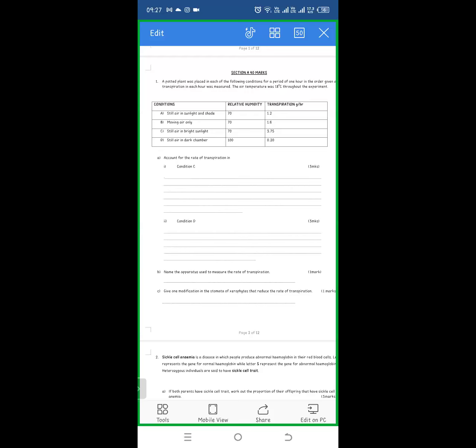So that is a very good question. When we look at setup C, there is bright sunlight for the condition. So the condition in C, we are talking about sunlight and how it influences the rate of transpiration. It is a very good input that we talk about relative humidity. Relative humidity is the amount of water vapor that is held by the atmosphere at a given point.